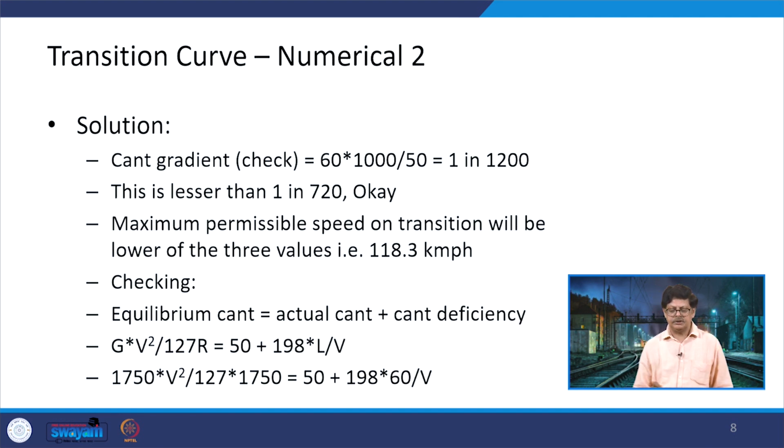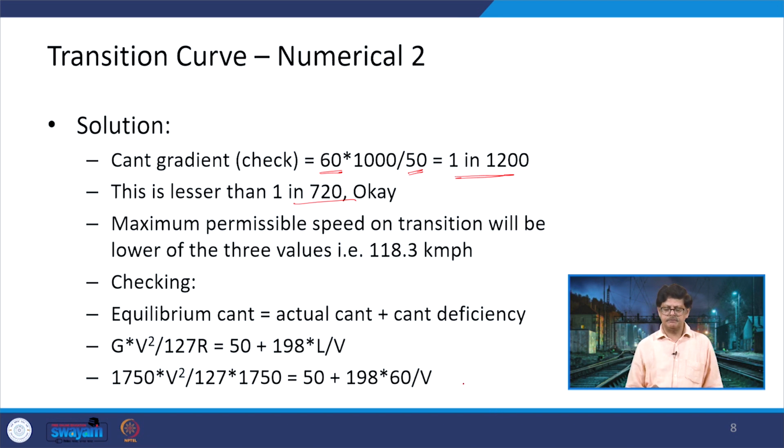Now, if we check the cant gradient for a distance of 60 meters which is being given to us and the cant which is given as 50 mm, what we get is 1 in 1200. So, it is an okay condition because it is flatter as compared to 1 in 720.